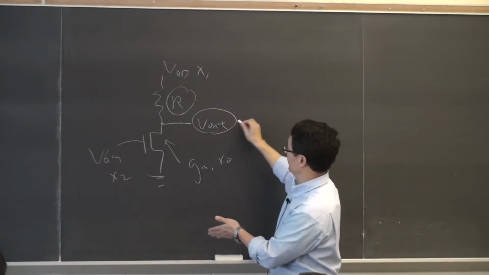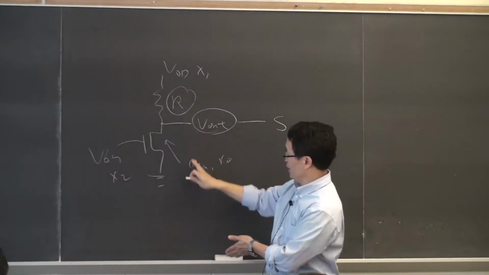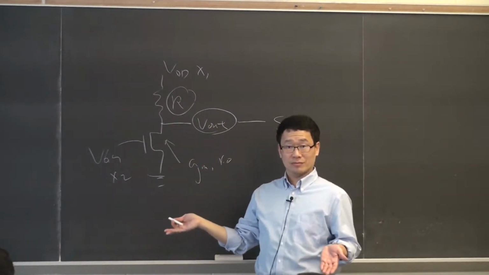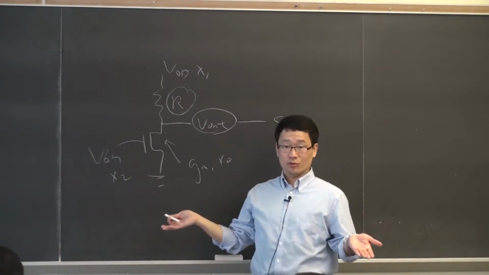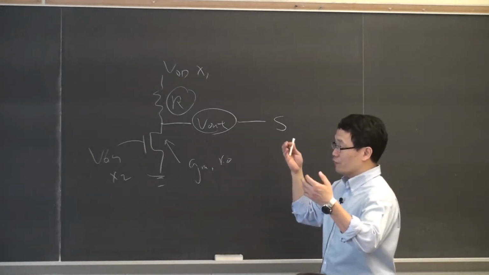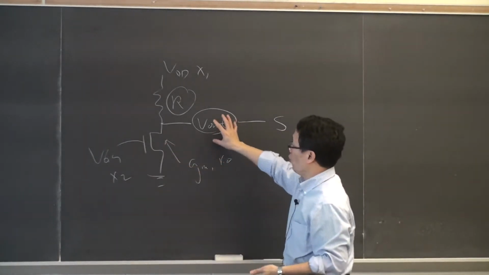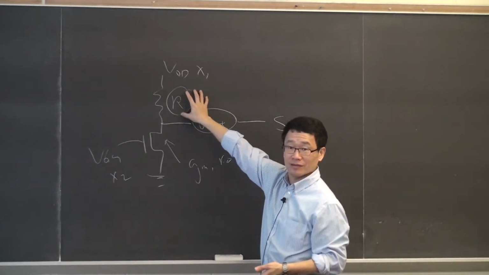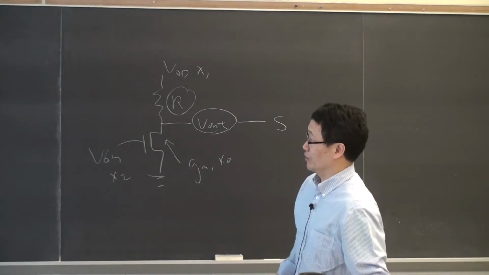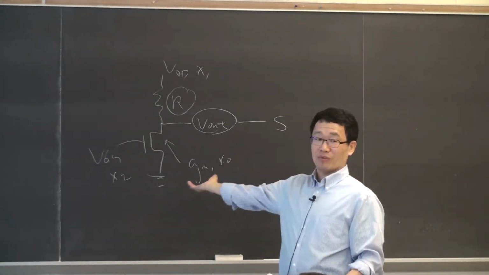This is the measurable; this is your S. This is your x1 and x2. The R, gm and ro for this circuit are the parameters, and I usually don't know those parameters. I need to extract what these values are from the measurement knowledge. You have probably used this a lot of times, but now I cast it as a formal mathematical problem.